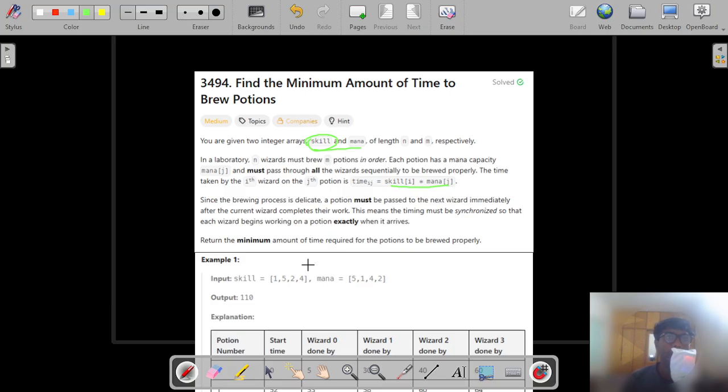A specific volume of portion is given to a worker, and he takes a certain time based on the portion quantity and also his skill level at that point of time, and the portion passes through a set of skilled workers in sequence.